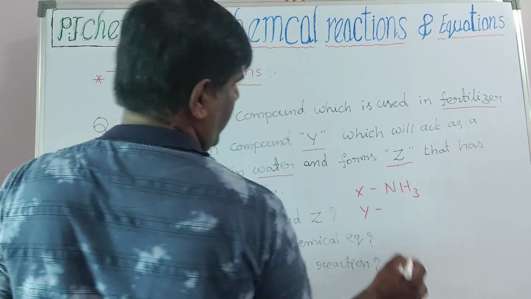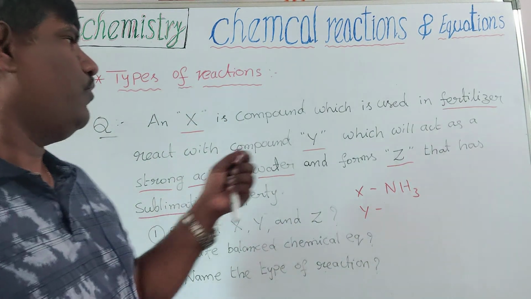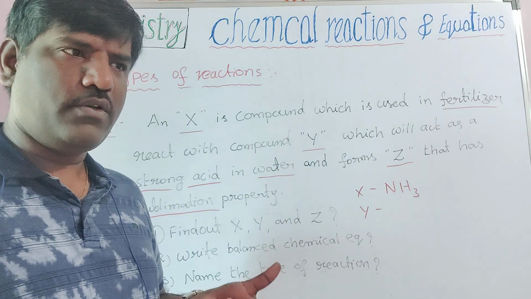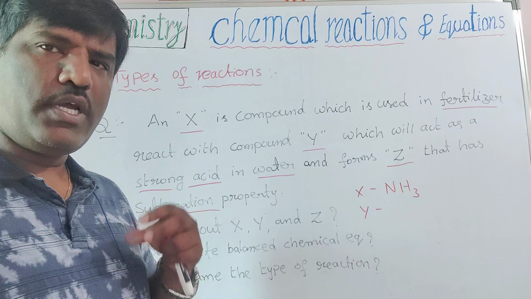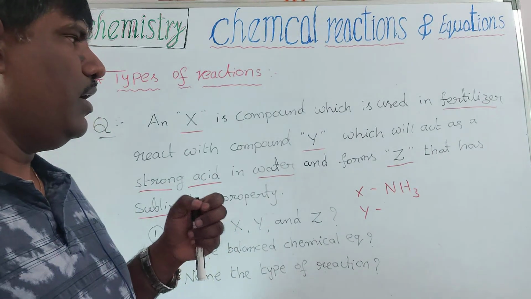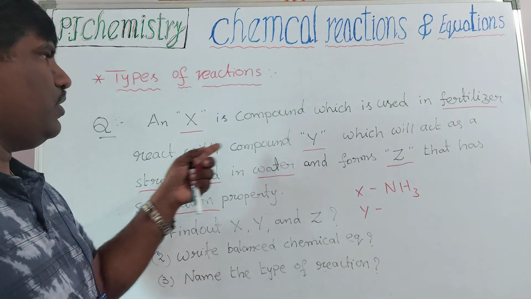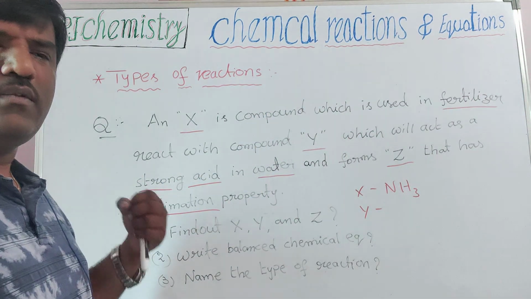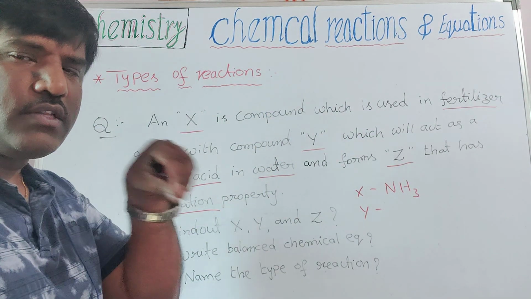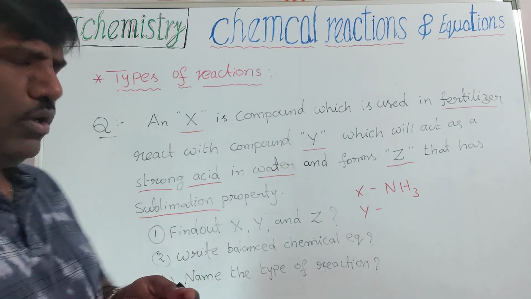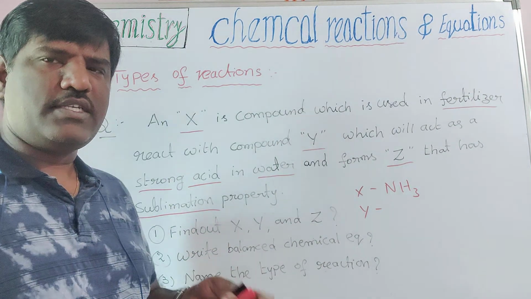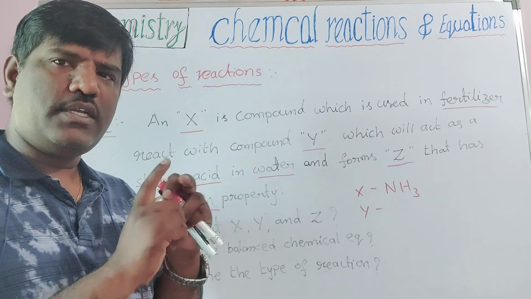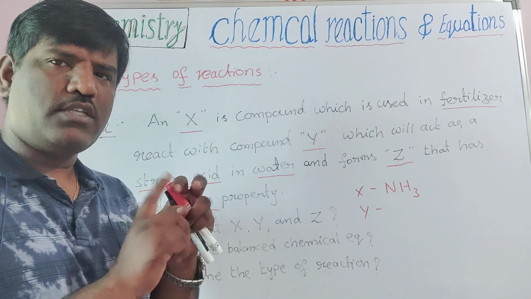Next, Y. Sublimation property means ammonium chloride. To form ammonium chloride, ammonia and HCl gas both are reacting. So Y, which will act as a strong acid when we add it to water, means HCl only. We have only 3 strong acids: hydrochloric acid, sulfuric acid, nitric acid, HCl, H2SO4, HNO3.